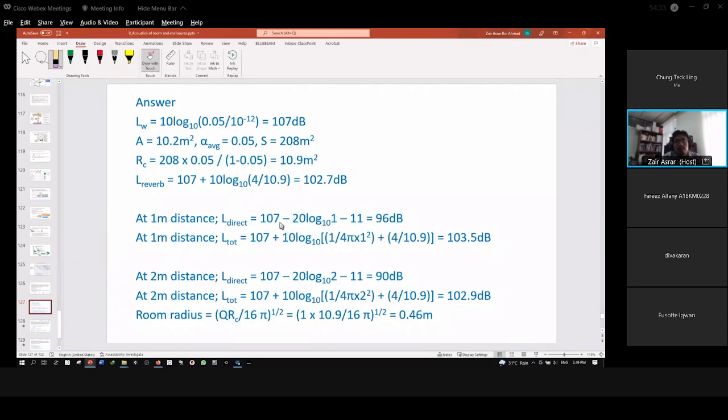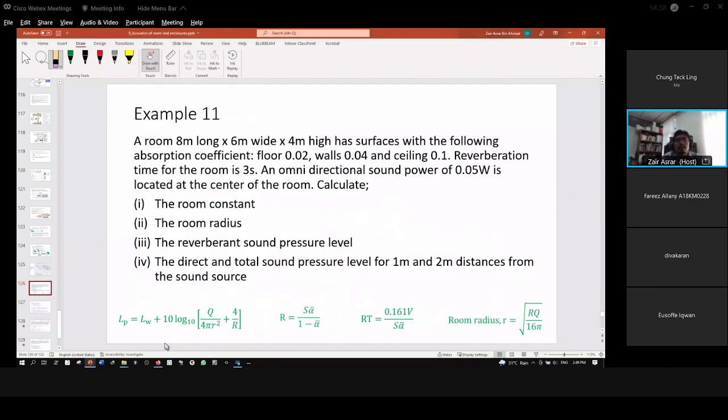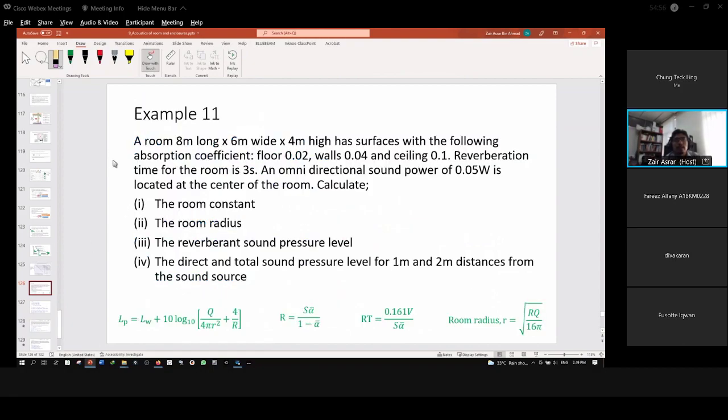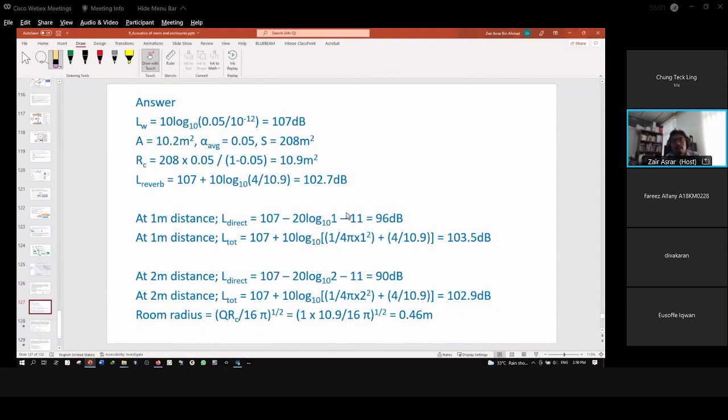So here we have 20 log 1. The 1 represents distance, and then here we have minus 11. This minus 11 depends on where the sound source is located. In this case it is located at the center of the room, so that's the reason why we have 11 here. If it is located on the surface of the room, then it's not 11, it's probably 8.